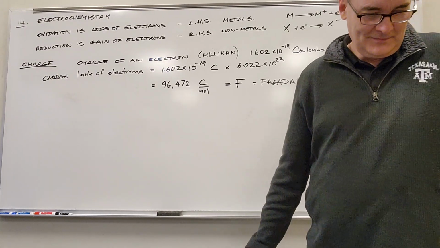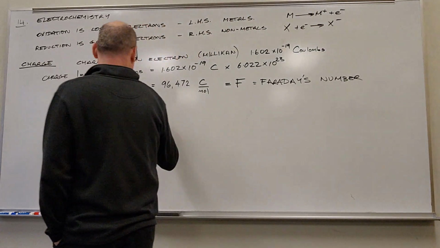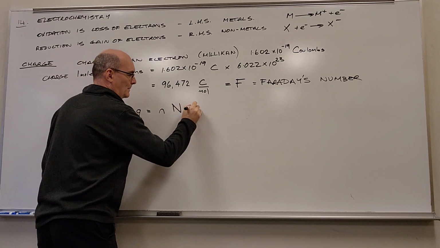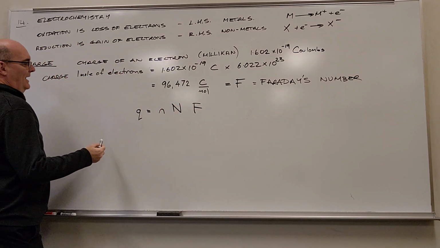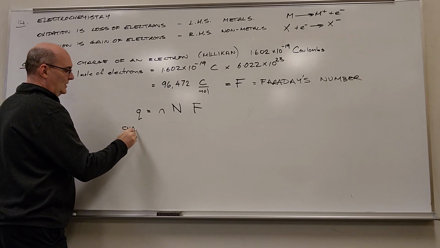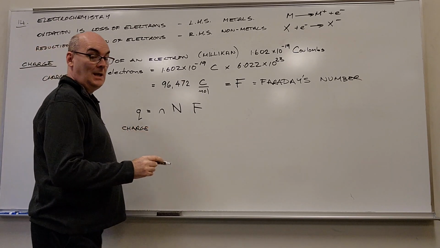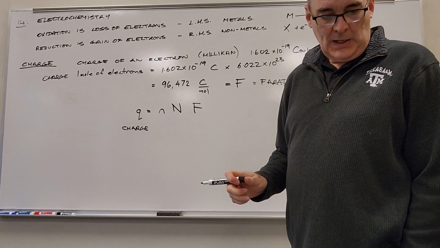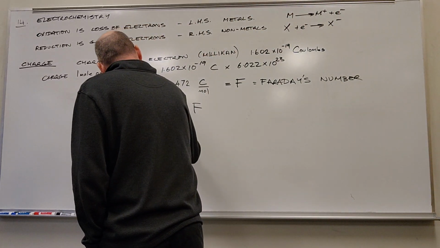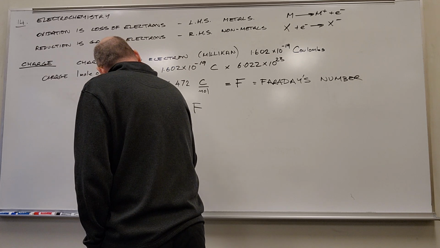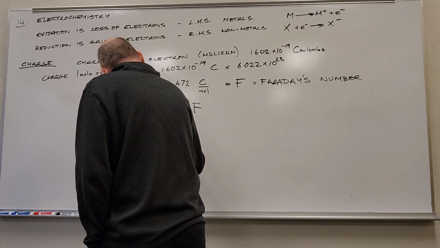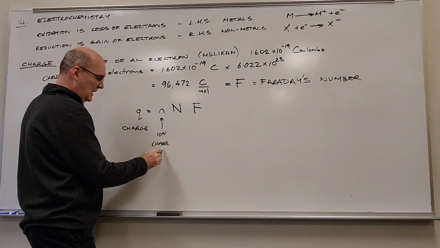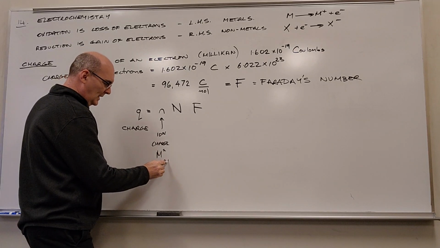Okay, that's Faraday's number, Faraday's constant. And we are going to come back to this a little bit. Q equals nNF. Q is the charge, and we'd be measuring charge in coulombs. n is the ion charge, which means things like, are you an M plus or an M2 plus?